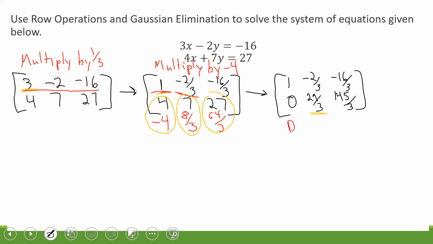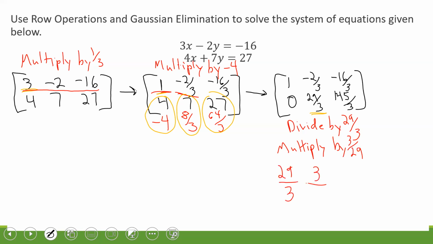Either way you want to think about it, to change 29/3 into 1, there's kind of two approaches. We could divide by 29/3, right? Because if you divide a number by itself, you get 1. Or we could multiply by the reciprocal, which would be 3/29. Because if we did 29/3 times 3/29, we could do some cross canceling here.